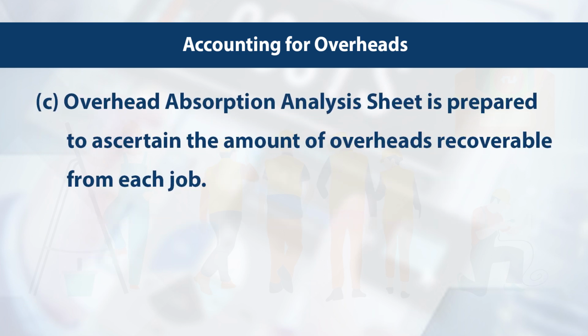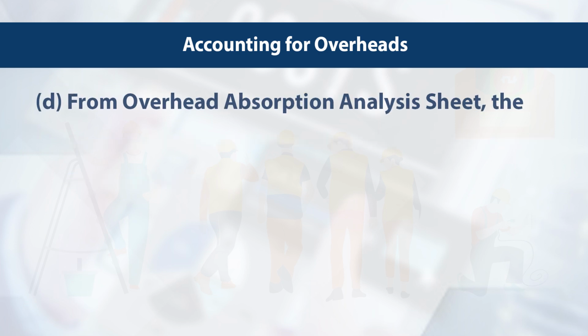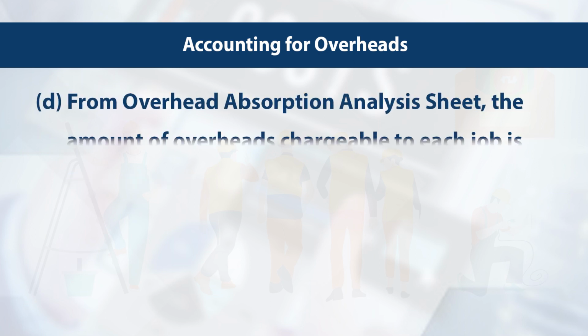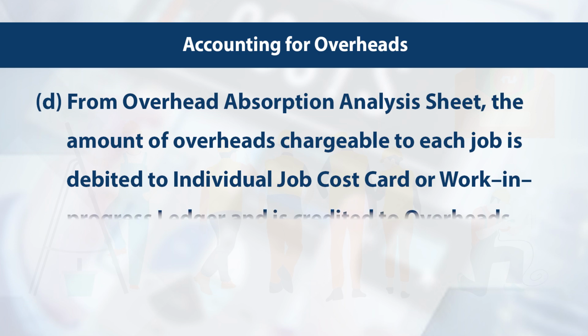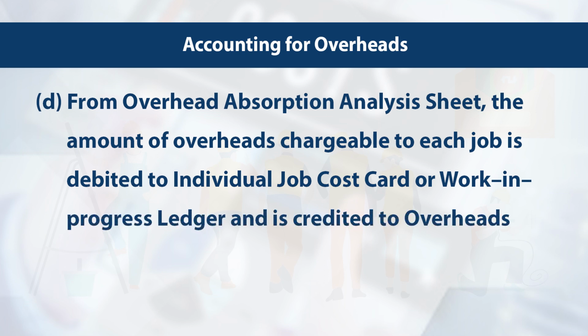Then an overhead absorption analysis sheet is prepared to ascertain the amount of overheads recoverable from each job. From the overhead absorption analysis sheet, the amount of overheads chargeable to each job is debited to the individual job cost card or work in progress ledger and is credited to overheads control account.